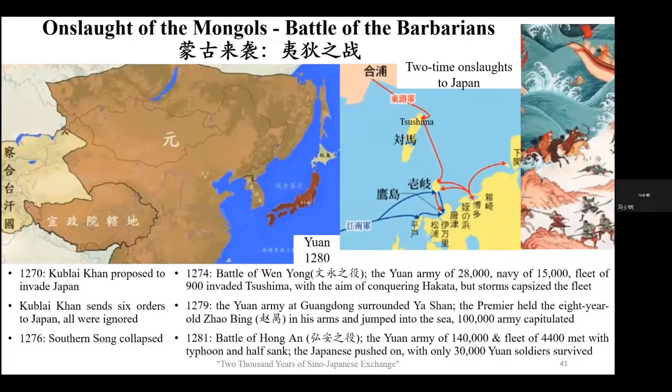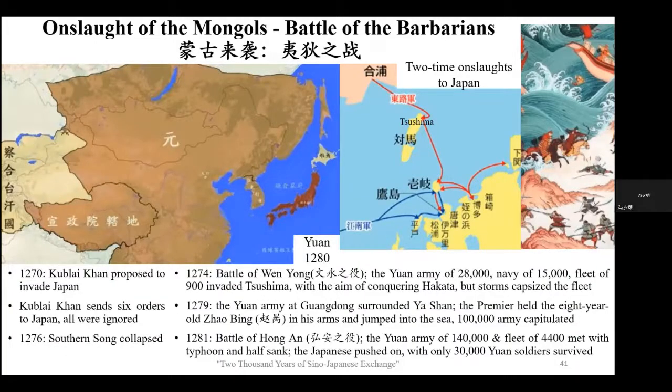The first was the Battle of Wenyong, where an army of 28,000, a navy of 15,000 and a fleet of 900 invaded Tsushima, this island, before crossing over to Kyushu, right? But there were a lot of storms that capsized the fleet.